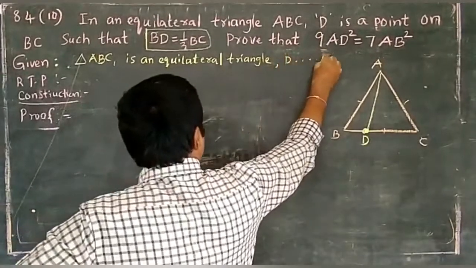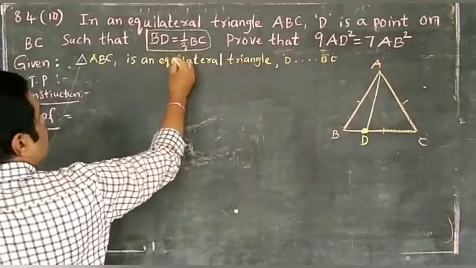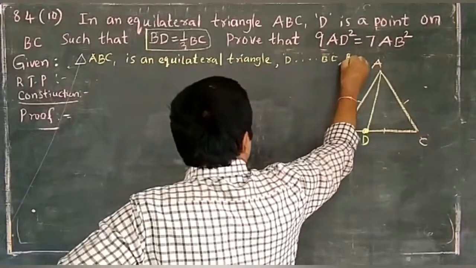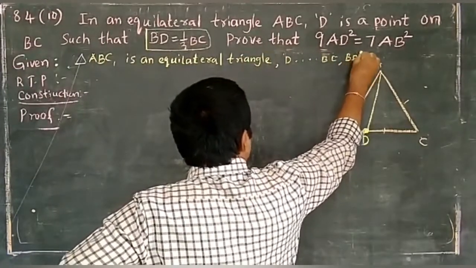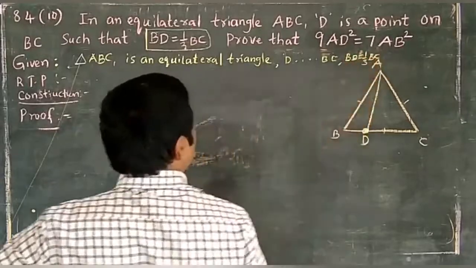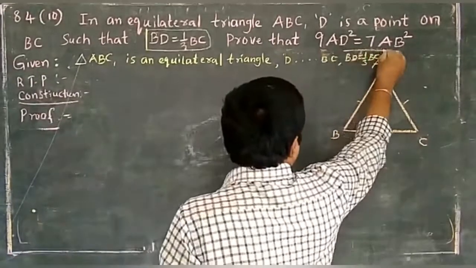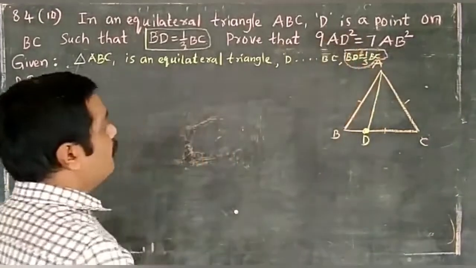D is a point on BC such that BD is equal to 1 by 3 BC. Remember that.